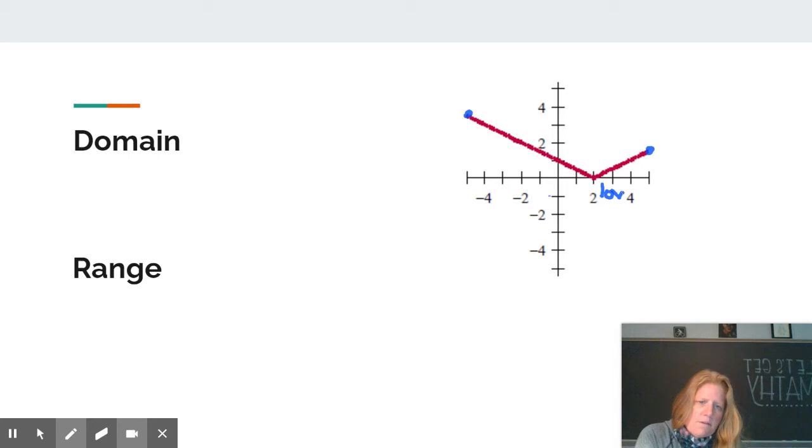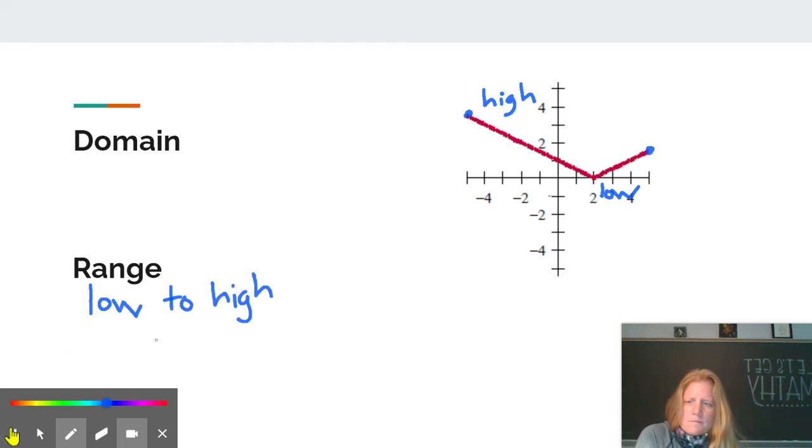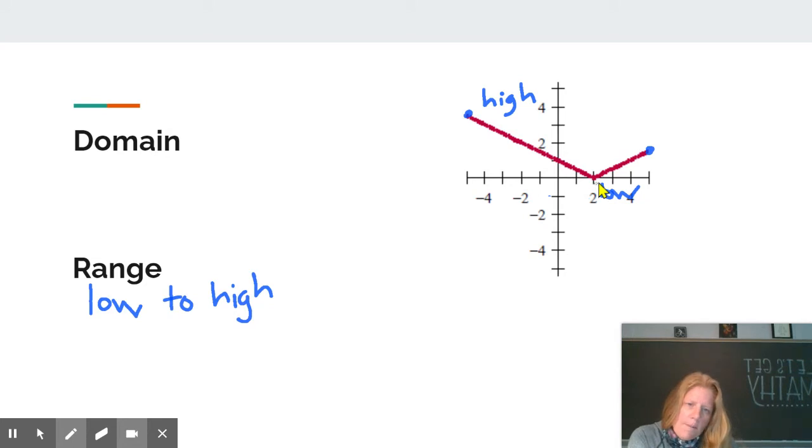This is the lowest value right here. And then we can just see a distinct high point over here. So with your range, you're looking for your low values to your high values.